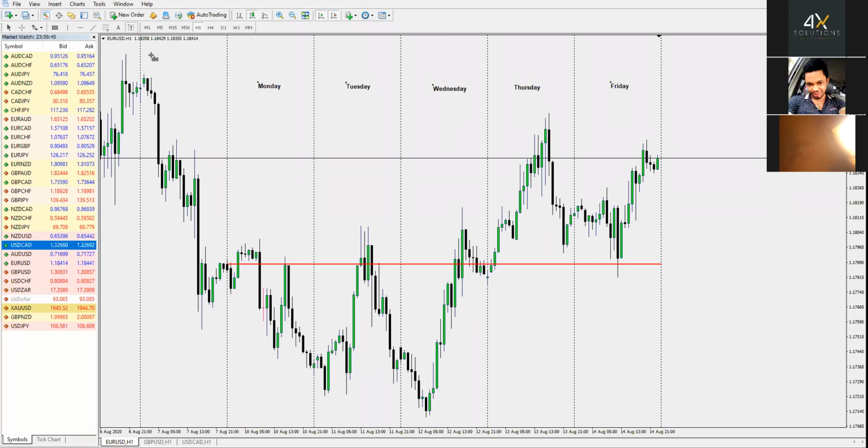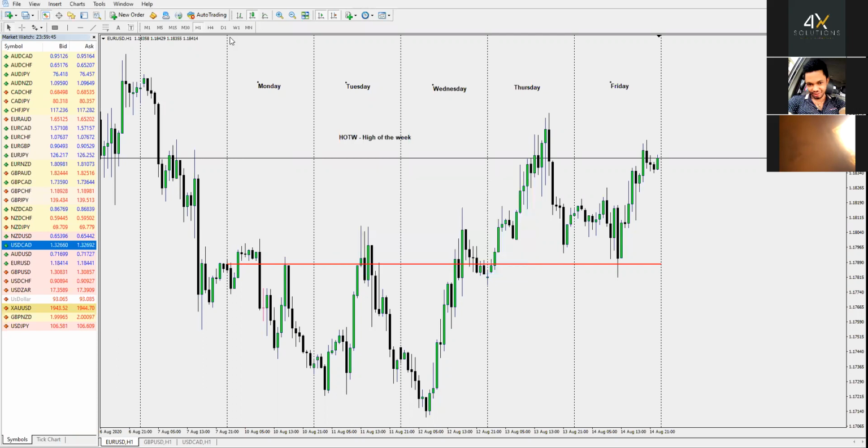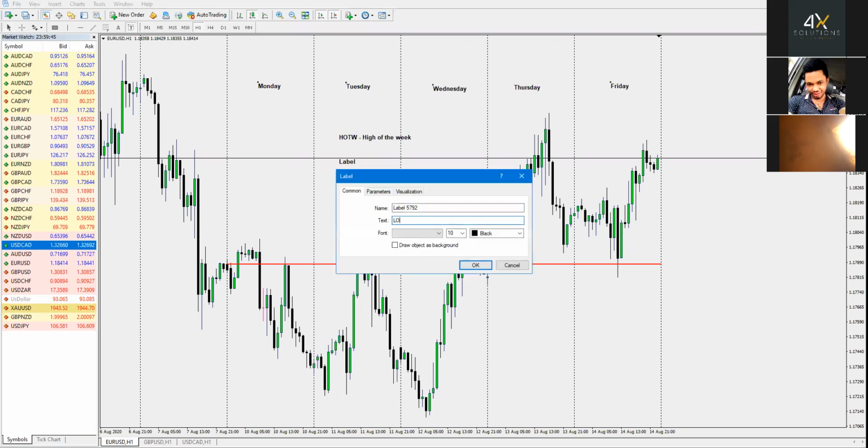Now, during the week, because we trade price action, there will be a HOTW, which stands for high of the week. And then we will get the opposite, which would be LOTW, which is low of the week.